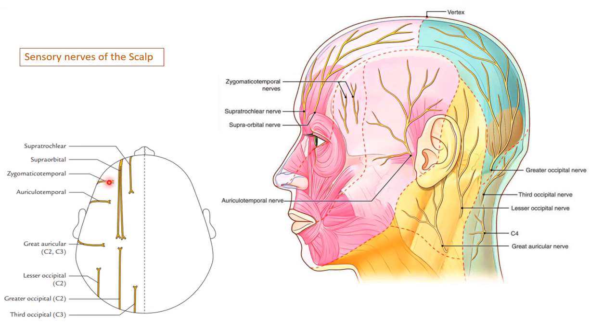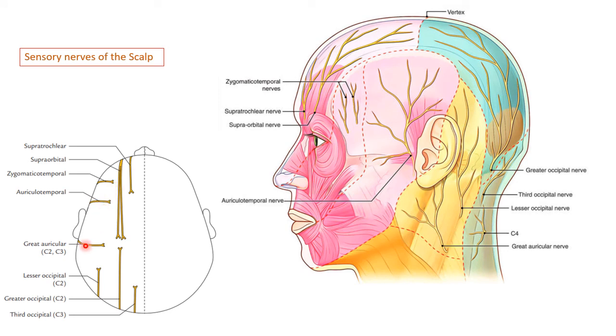This is the zygomatico-temporal nerve. Zygomatico-temporal nerve is a branch of the zygomatic nerve from the maxillary division of the trigeminal nerve. This is the auriculotemporal nerve. Auriculotemporal nerve is a branch of the mandibular division of the trigeminal nerve. So these are the 4 branches in front of the auricle.